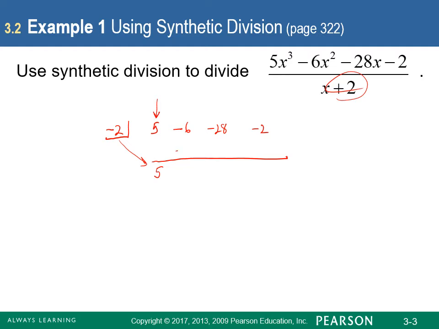Multiply, add, multiply, add, multiply, and add. This was x to the 3, so this 5 means 5x to the 2.